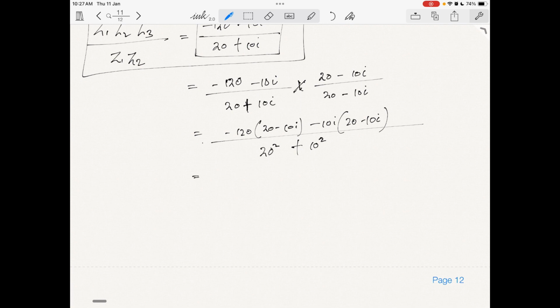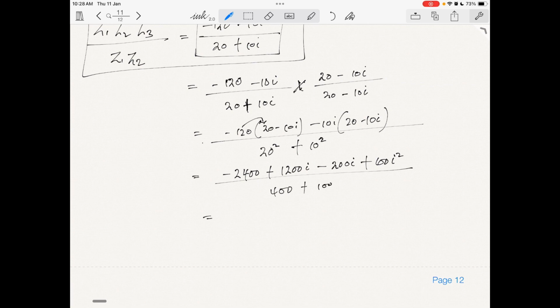So minus 120 multiplied by 20 gives us minus 2400, and this will give us plus 1200i, and we can also have minus 200i plus 10i squared, and 20 squared is 400 and 10 squared is 100.